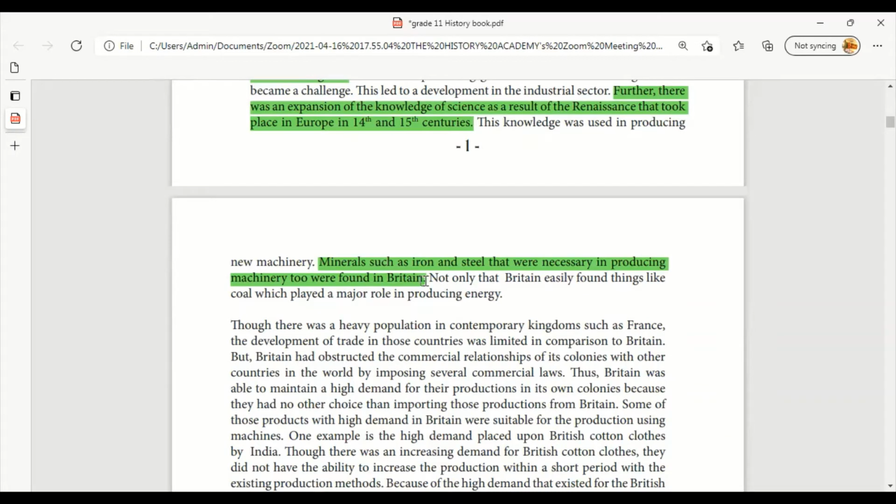By that, they could produce many machines, right? Not only that, even coal, which played a major role in producing energy, was available in Britain. So those are some of the reasons why the industrial revolution started in Britain.